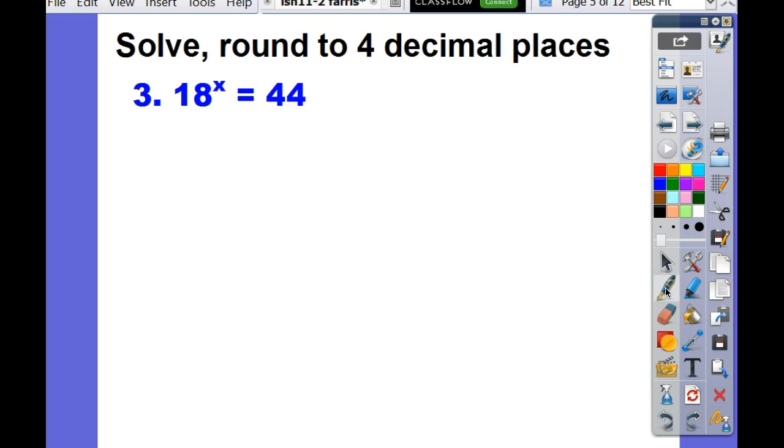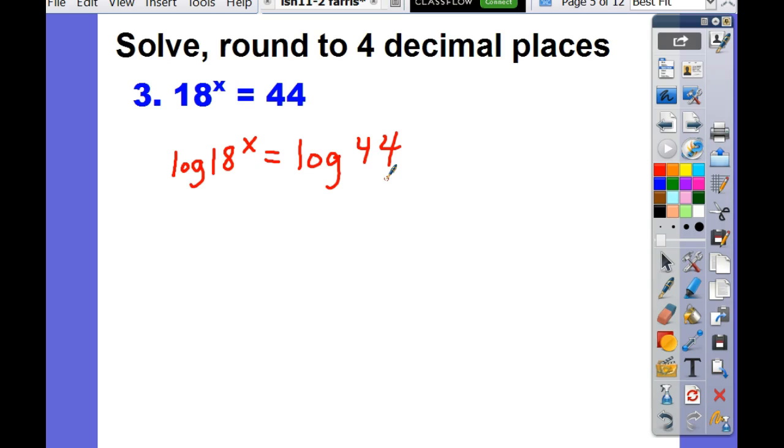To solve when the exponent is the X, you take the log of both sides of the equation. Whatever you do to the left-hand side of the equation, you have to do the same thing to the right-hand side of the equation. Now, why did I want to do this?